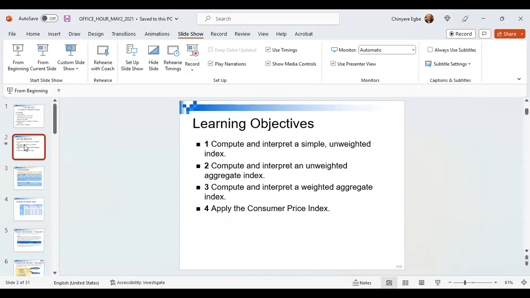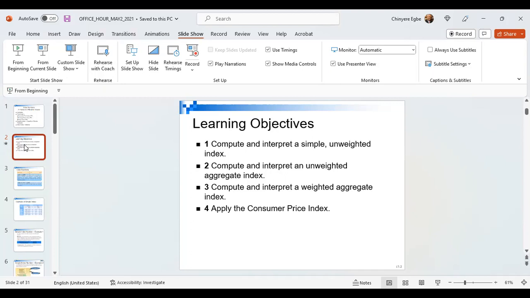So what would be our objective at the end of this? We're going to be dealing with very simple kinds of index numbers. We're going to be able to compute and interpret simple unweighted index numbers. We would also be able to compute and interpret unweighted aggregate index.